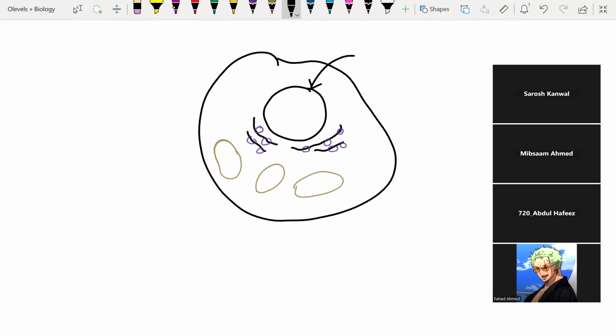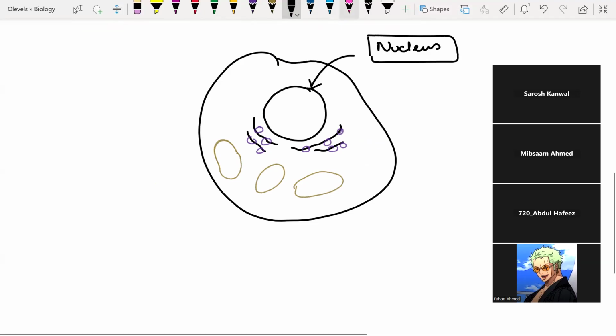We will start from the nucleus, because the nucleus is present in the animal cell as well as in the plant cell. So first we will see what the function of the nucleus is. The nucleus contains the genetic material, that is called the DNA, right?